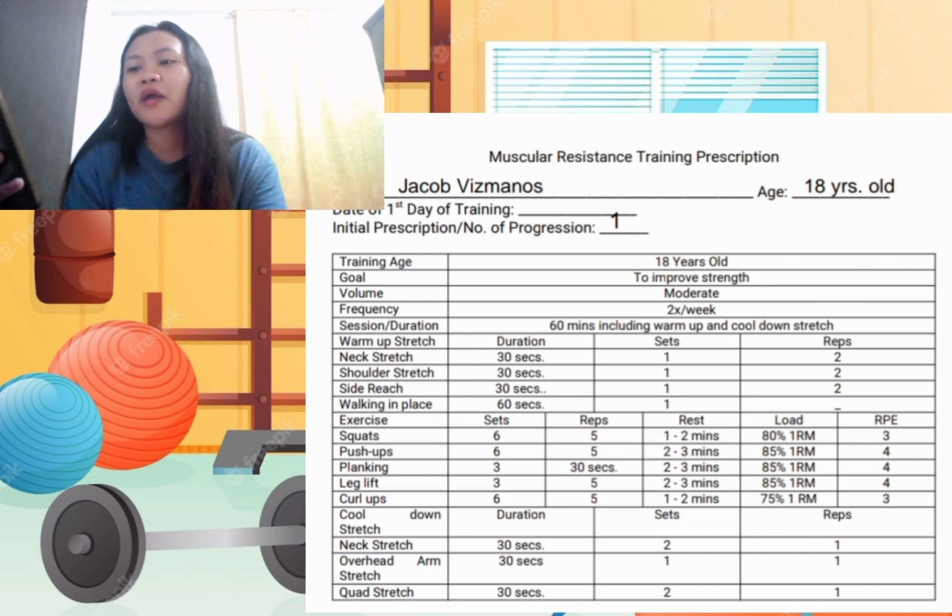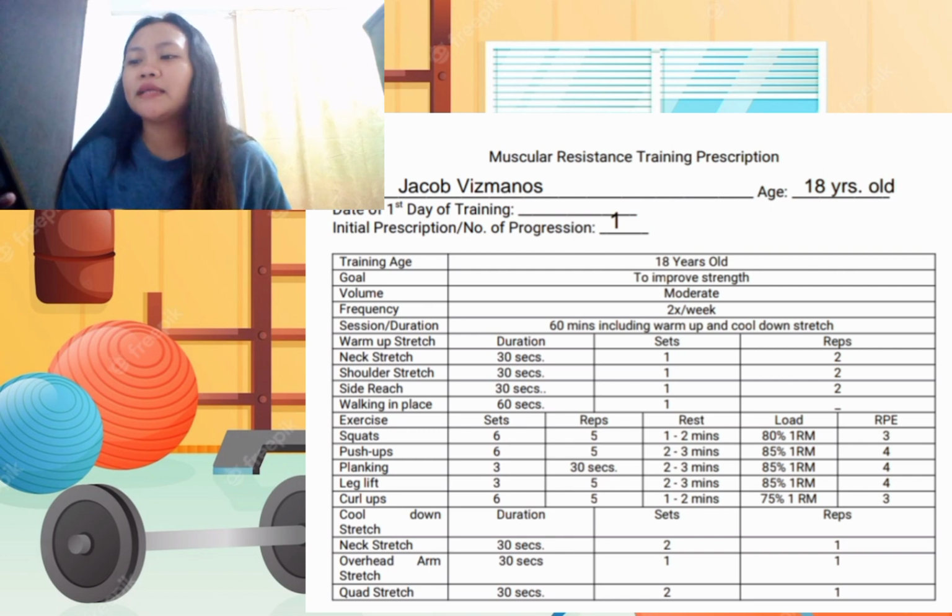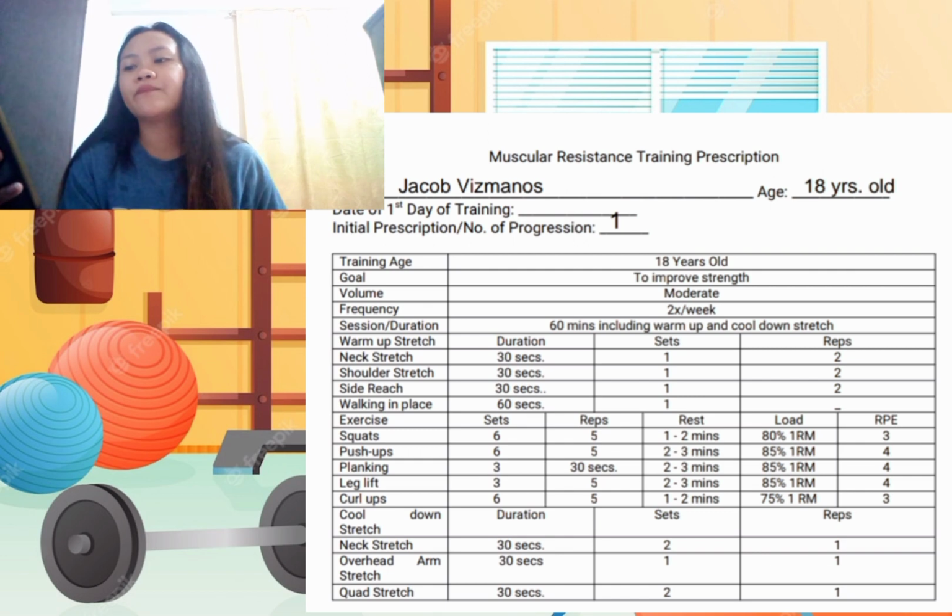First we have squats. We prescribe 6 sets with 5 repetitions, and he will have 1 to 2 minutes rest. Under the load, 80% 1 RM.